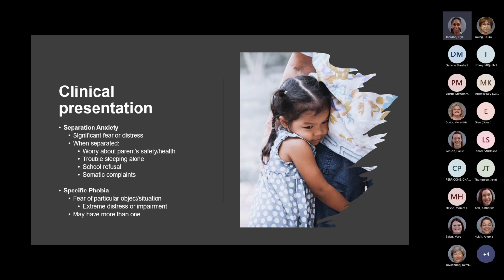Now, specific phobia is a fear of a particular object or situation that is avoided or endured with extreme distress or impairment, and is related to that specific stimulus. And a person may have one or more specific phobias. So when we think about specific phobias, we can think about a common specific phobia that lay people even talk about, which is arachnophobia, the fear of spiders.